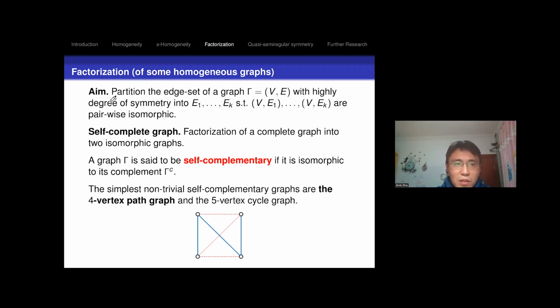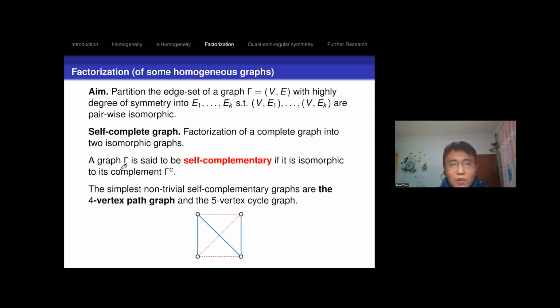It mainly considers a partition of the edge set of a graph with a high degree of symmetry into some disjoint subsets, say E1, E2, ..., Ek, such that the subgraphs (V, E1), (V, E2), ..., (V, Ek) are pairwise isomorphic. For example, when k is 2, we just obtain the self-complementary graph.